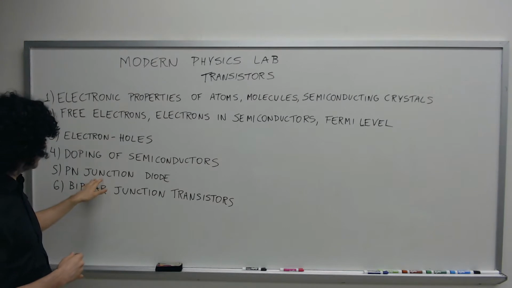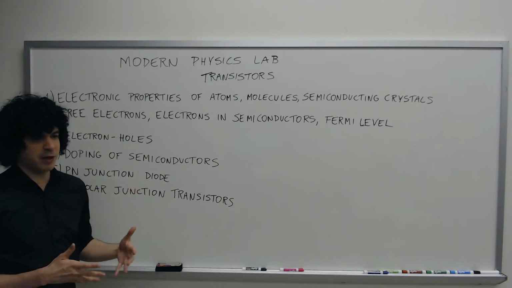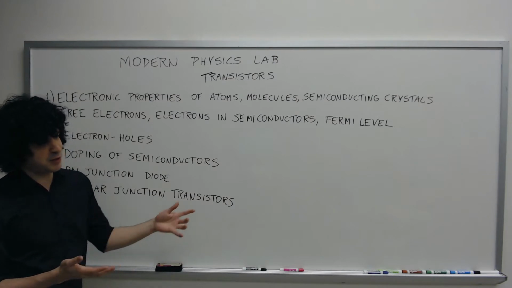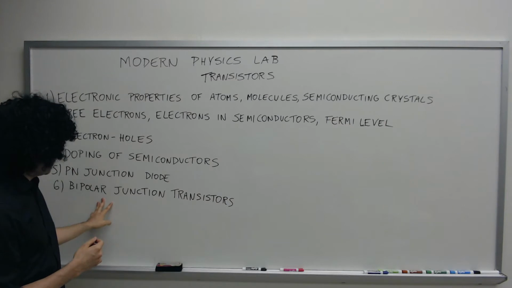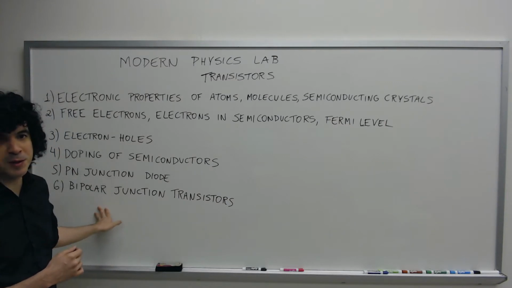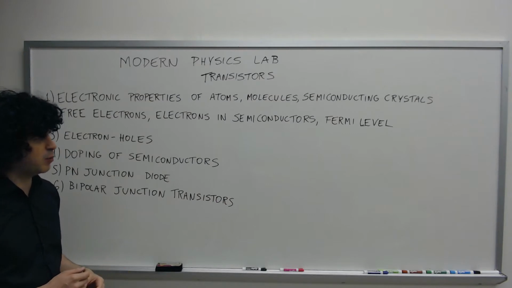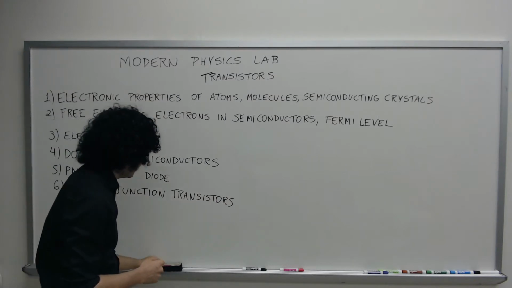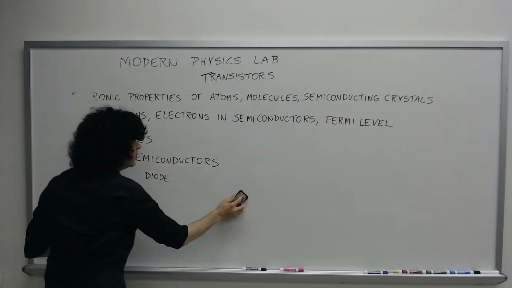Then we'll talk about the PN junction diode, which is a unidirectional device that transmits current in only one direction. And finally, I will talk about the bipolar junction transistors, the device we will be working with. All right, so let us get started.